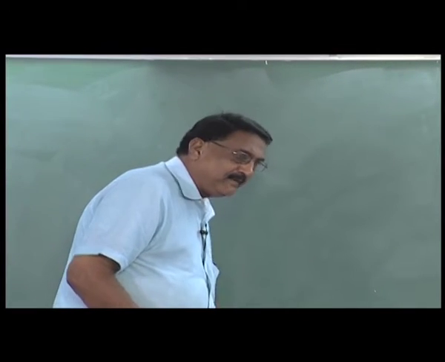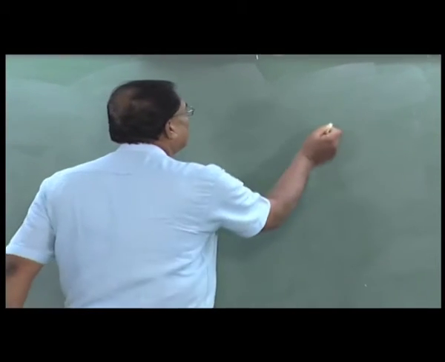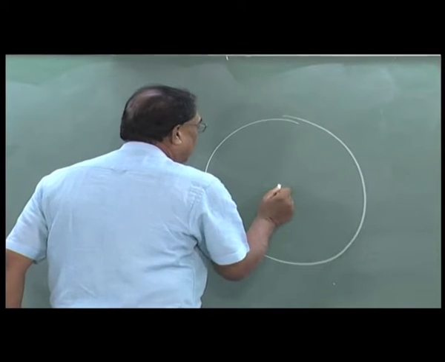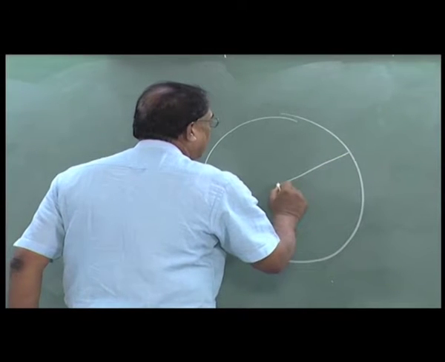So, what is being done is, suppose you have a circle, divided into small segments like this.